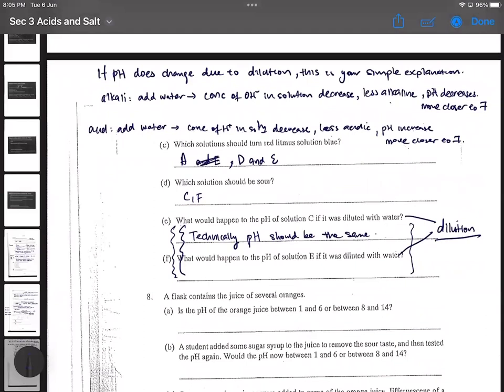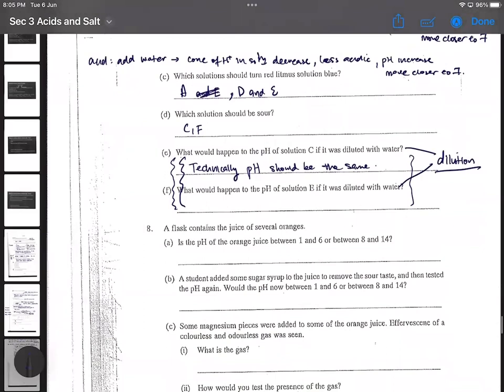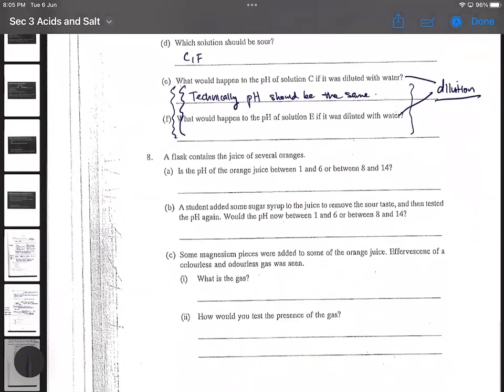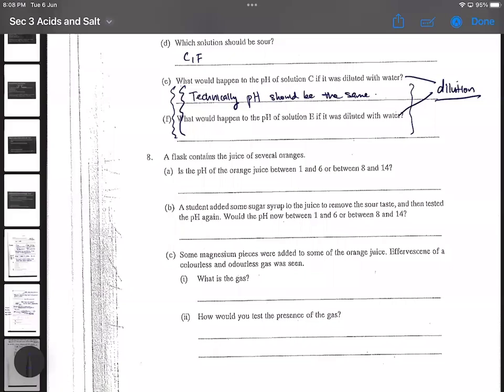Okay, if no question, can we look at number 8? I'll give you a minute to look at this. Orange juice, so most likely it's acidic. So it should be your 1 to 6. Now the sour taste has been removed by the sugar, but that doesn't mean the solution is no longer acidic.